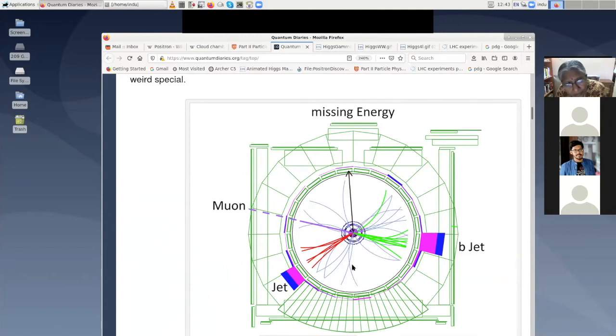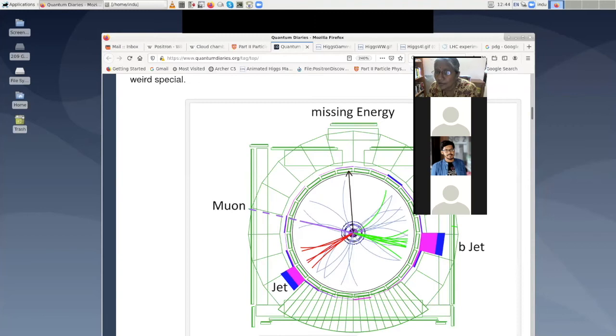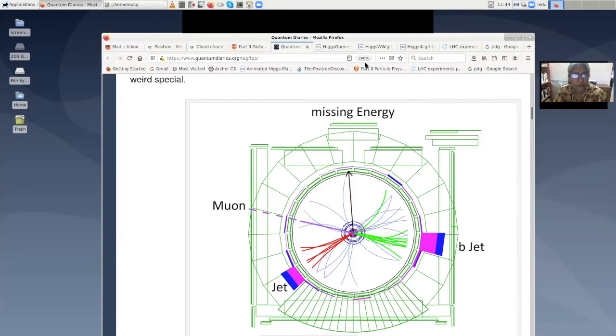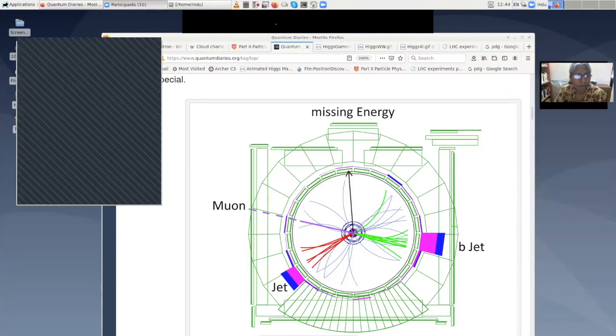Can you just speak a little louder? Hello? Who was speaking? I couldn't hear. I think it will be better to write in the chat box. Yeah, write in the chat box.